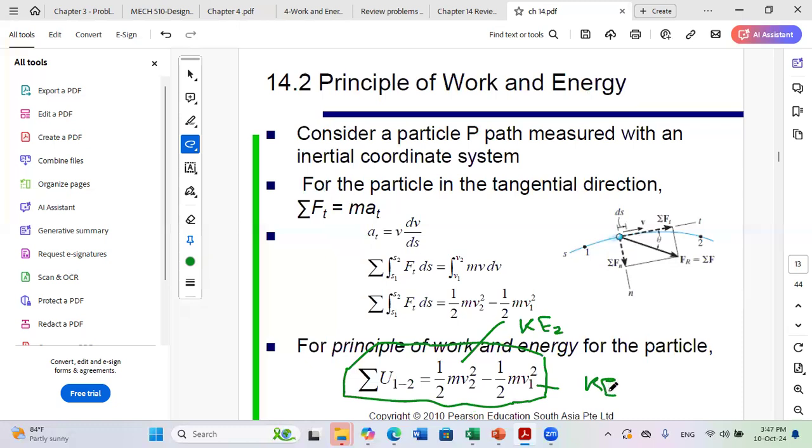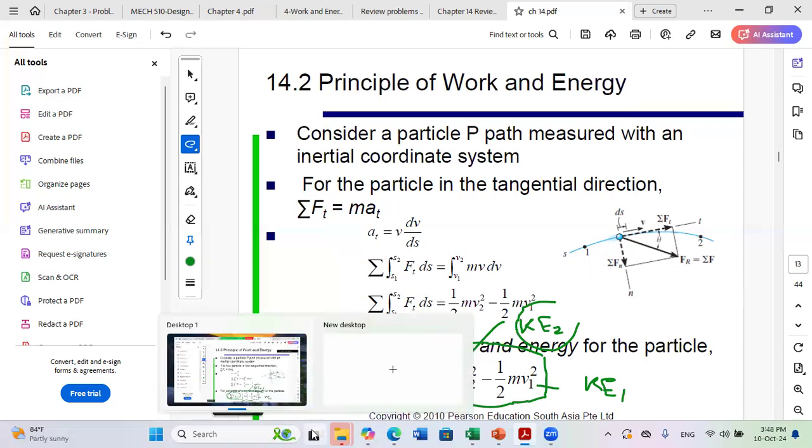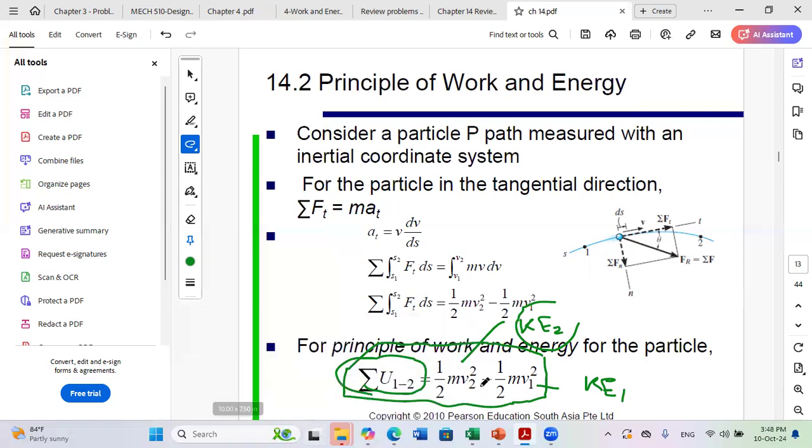If you know the initial kinetic energy and you know all forces acting on your system, you can calculate their work. This theorem can be used to calculate the final kinetic energy. Sometimes we know the final kinetic energy and the unknown is the displacement, so we can use the principle of work and energy to determine the displacement, as we'll see in the review problems.